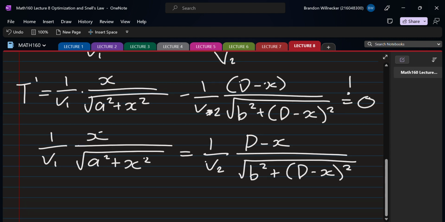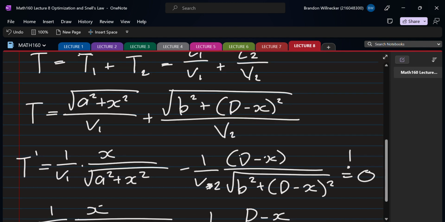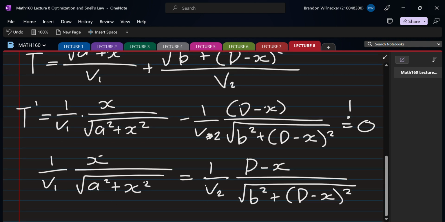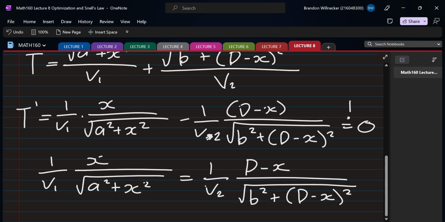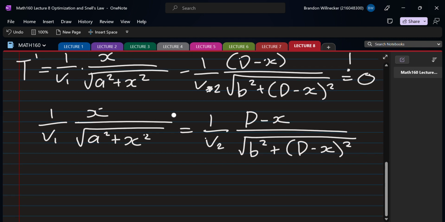Okay, so now we can go back to using our trig formulae. You can either work the whole way with trig, or you can just put in the trig at the end. Here we're going to include the trig again. So x over the square root of a squared plus x squared, we know what that is. The square root of a squared plus x squared was our L1.